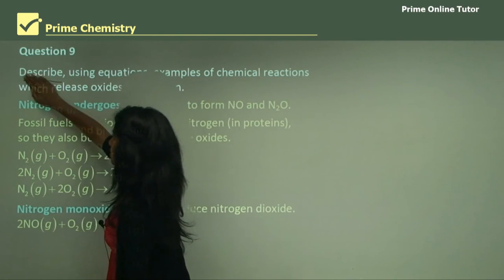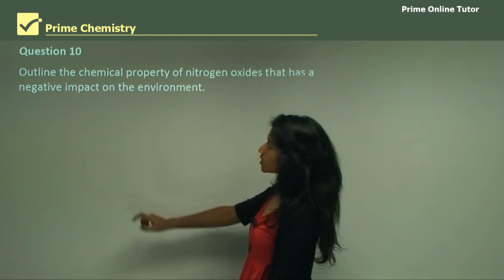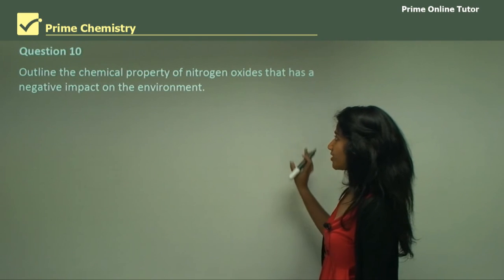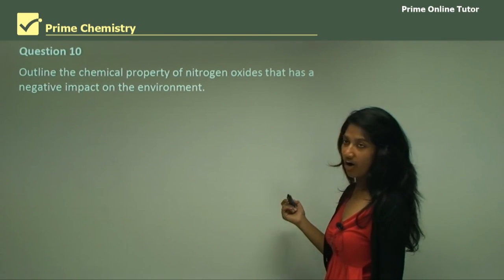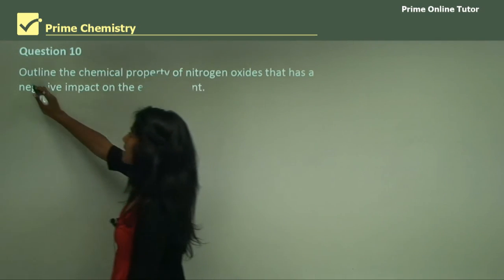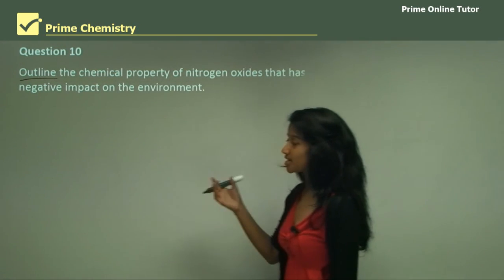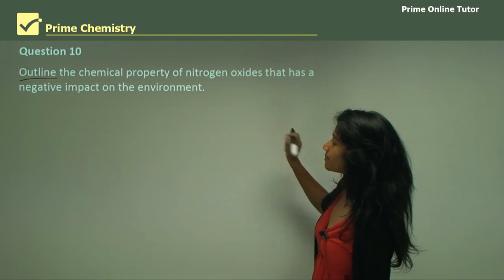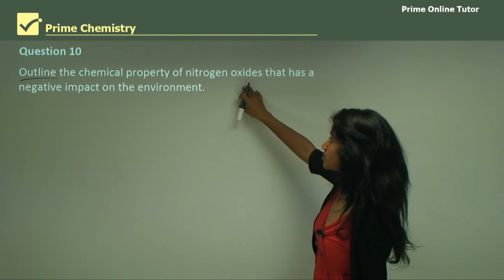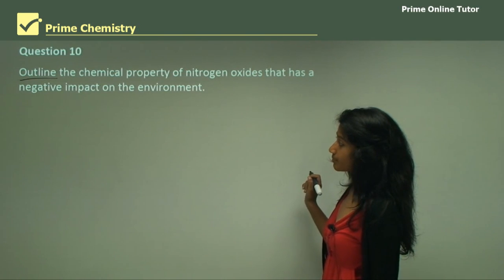Now going to question 10, it says outline the chemical property of nitrogen oxides that has a negative impact on the environment. Now the key verb here is outline, which means that you'd have to outline it and show the negative impacts of having nitrogen oxides in the environment.